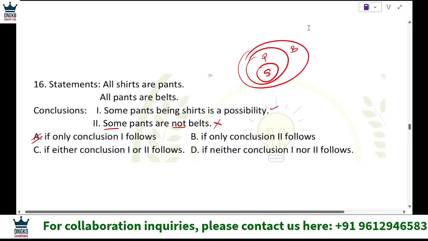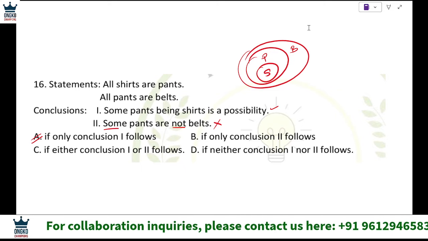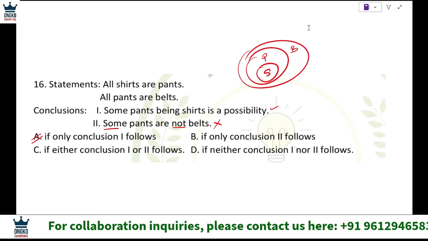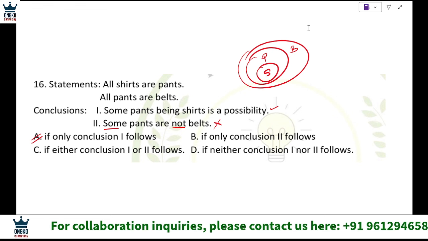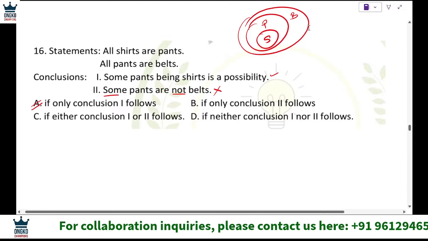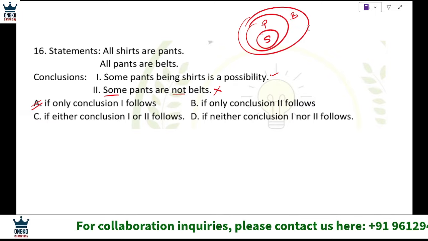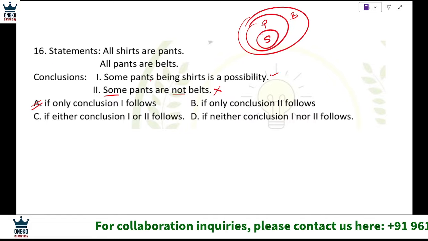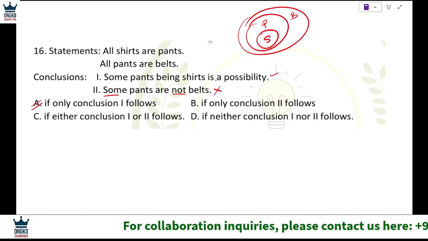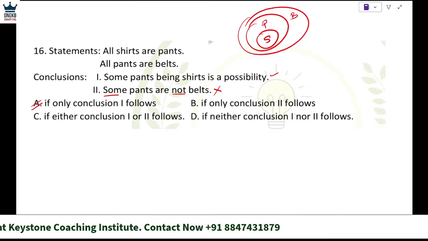Let's check this one once more. All shirts are pants. All pants are pale. So here we did a blunder, right? Some bands being shirt is a possibility. For possibility, don't use a repetition word.